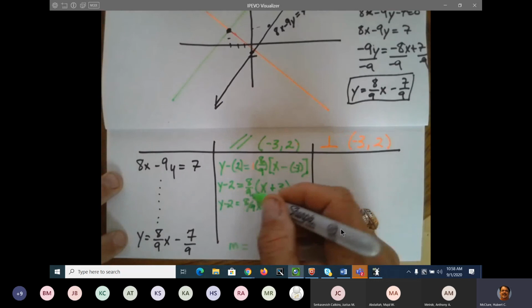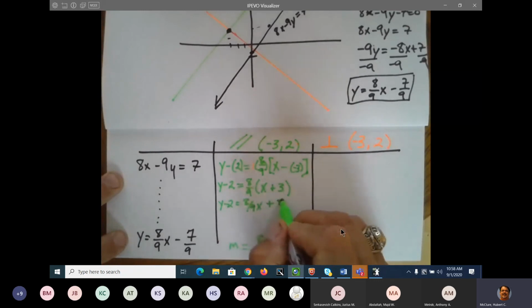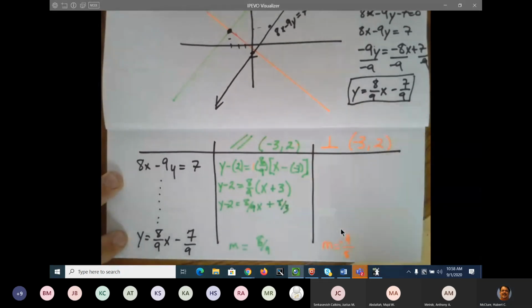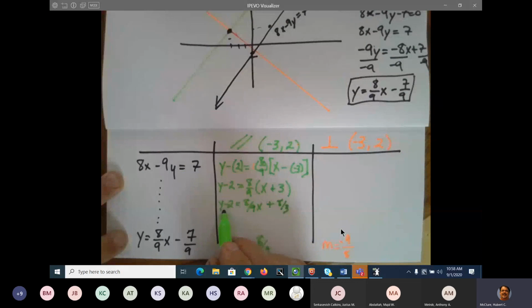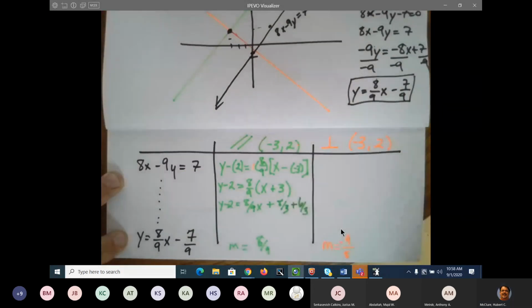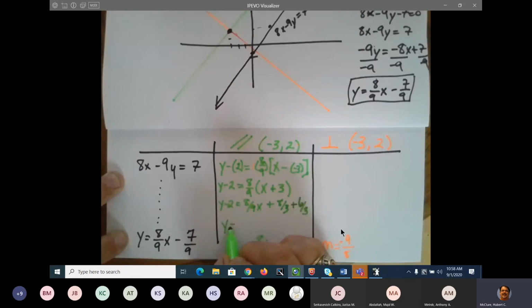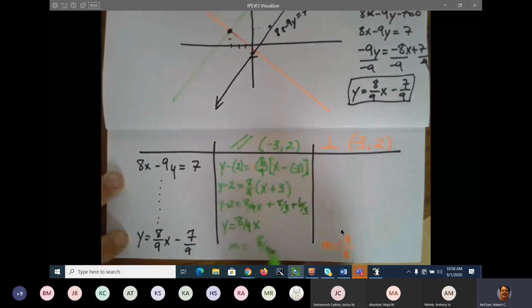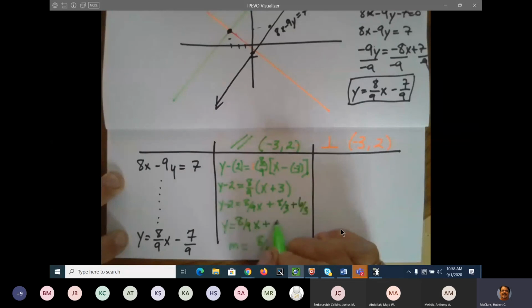The 3 and the 9 will cancel, and that leaves 8/3. And then bring this over as 6/3. And y is equal to 8/9 X plus 15/3, which is what?